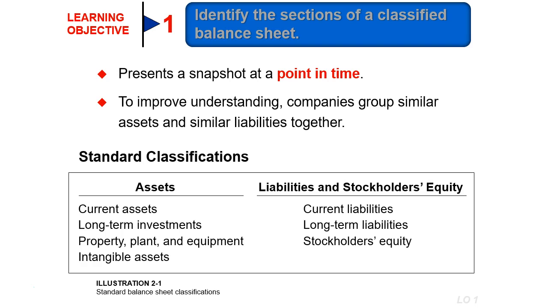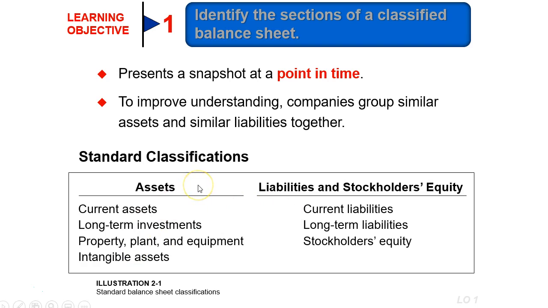With this form of the balance sheet, it still lists our assets, liabilities, and stockholders' equity, except now we have different categories of assets and different categories of liabilities. The equity section stays the same as what you saw in the first chapter.